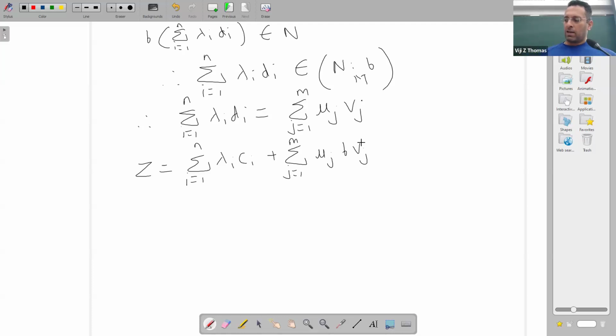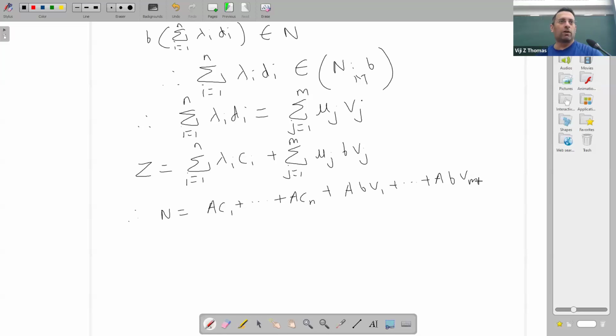So what have you shown now? We have shown what we wanted to. Therefore, N equals A c_1 plus dot dot dot A c_n plus A b v_1 plus dot dot dot A b v_m.